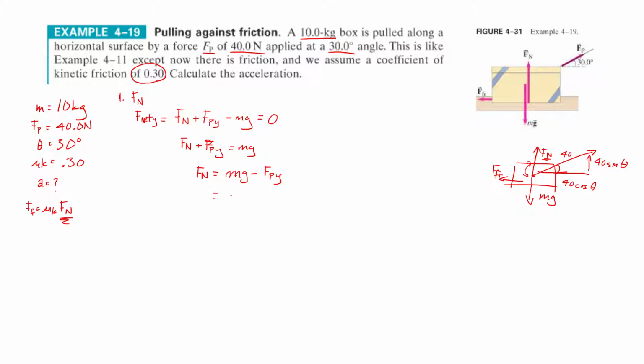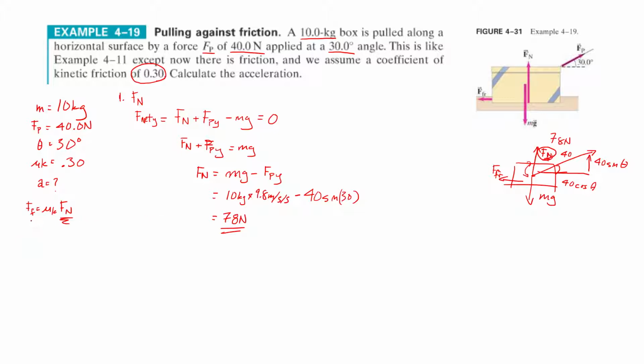So F normal is equal to 10 kilograms times 9.8 meters per second squared minus FPY, which is 40 sine 30. If you punch that into your calculator, you're going to get 78 newtons. So we know that F normal is 78 newtons.